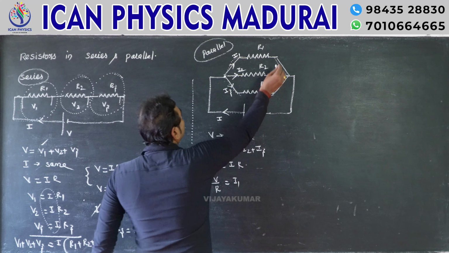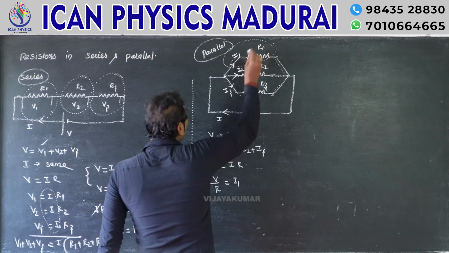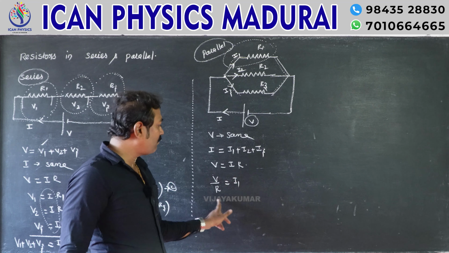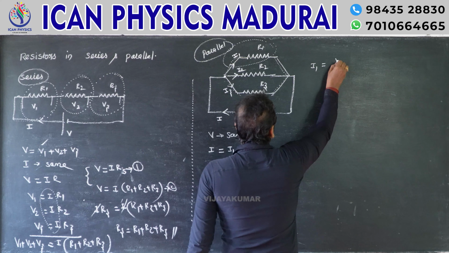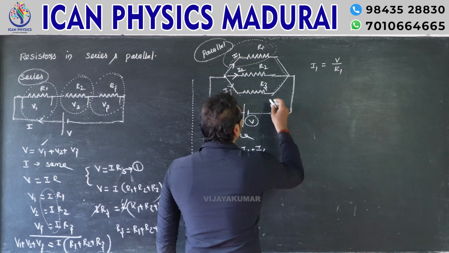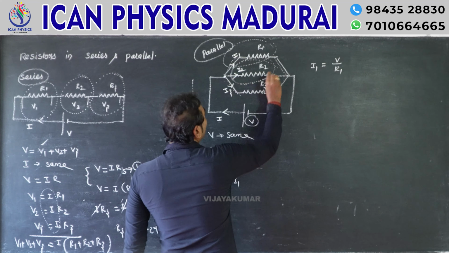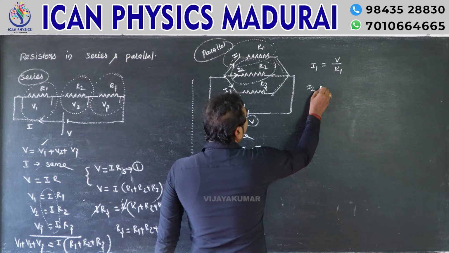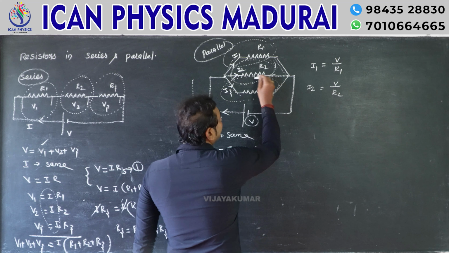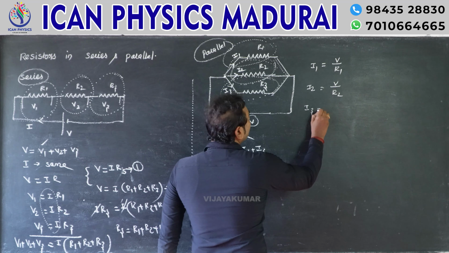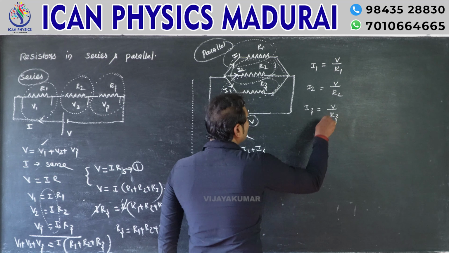For this case, I1 and R1, we modify the formula: I1 equals V by R1. For the second case, I2 equals V by R2. For the third case, I3 equals V by R3.